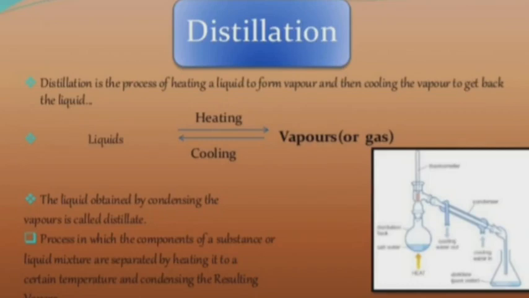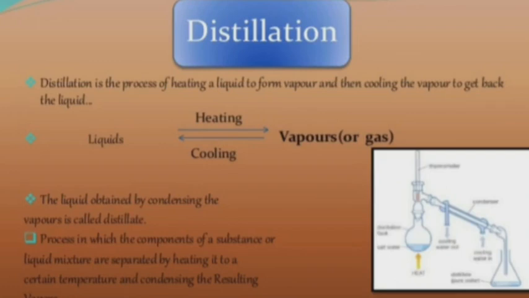What is the definition of distillation? Distillation is the process of heating a liquid to form vapor and then cooling the vapor to get back liquid. Here there is a representation of the distillation process.